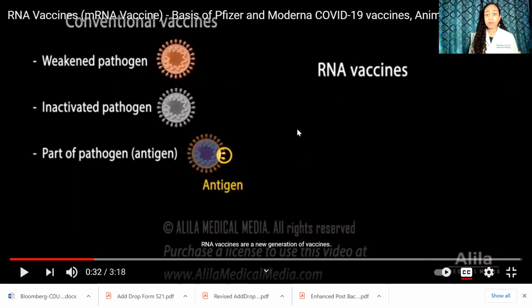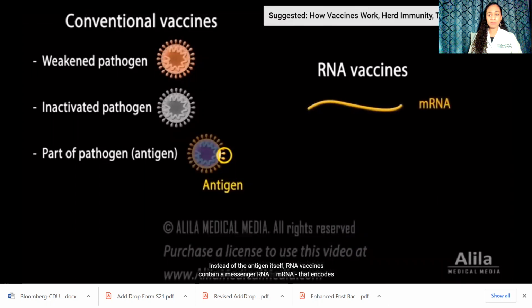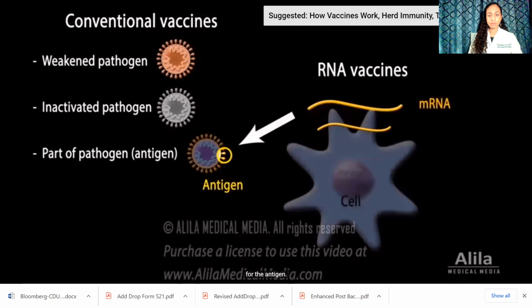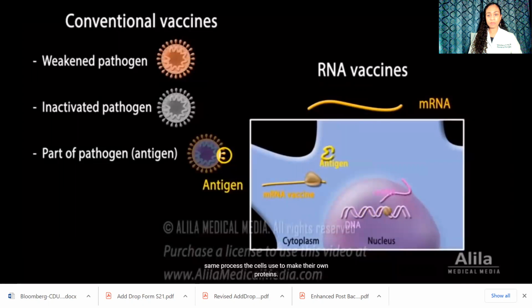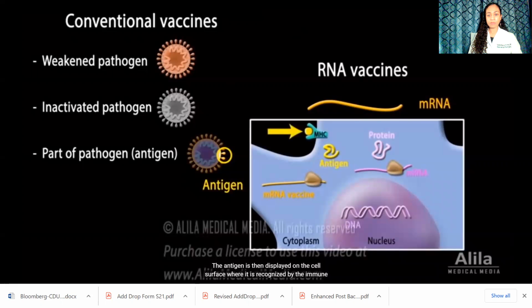Now let's learn about what are the mRNA vaccines. Generation of vaccines. Instead of the antigen itself, RNA vaccines contain a messenger RNA, mRNA, that encodes for the antigen. Once inside the body's cells, the mRNA is translated into protein, the antigen, by the same process the cells use to make their own proteins. The antigen is then displayed on the cell surface where it is recognized by the immune system.